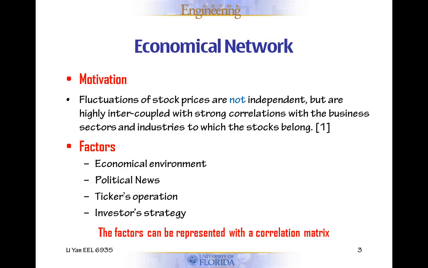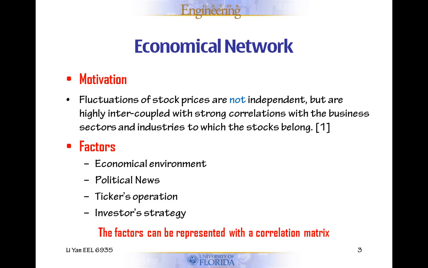About the economical network, the motivation is that the fluctuations of stock prices are not independent, but are highly intercoupled with strong correlations with the big business sectors and the industries to which the stocks belong. The usual approach involves a procedure of finding correlation between each pair of time series of stock prices and the subsequent procedure of constructing a network that connects the individual stocks based on the levels of correlation.